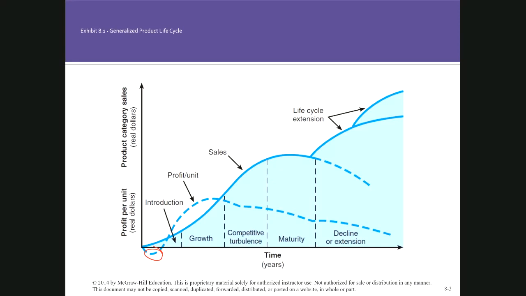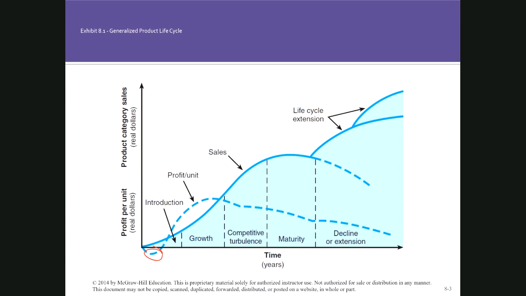Most products are in the maturity stage, right? If you think about Tide dishwashing liquid, it's been around a long time, right? It's not in the introductory or growth period, it's in the maturity stage. And in that stage, the net adoption rate holds pretty steady, where adopters approximate dropouts.